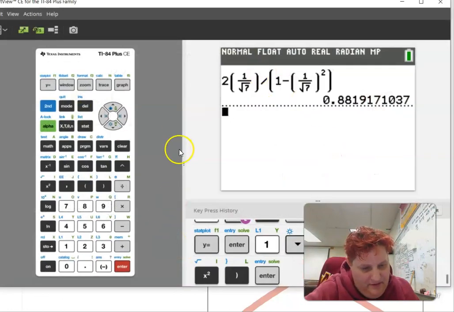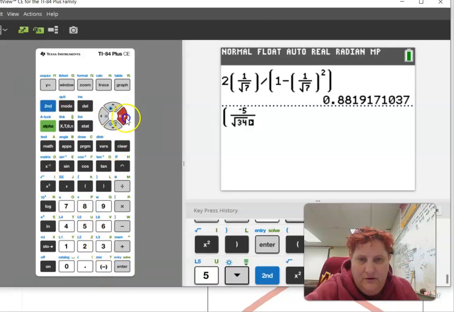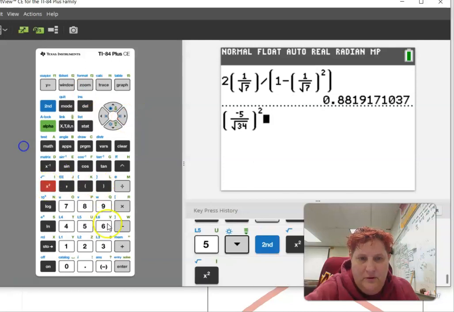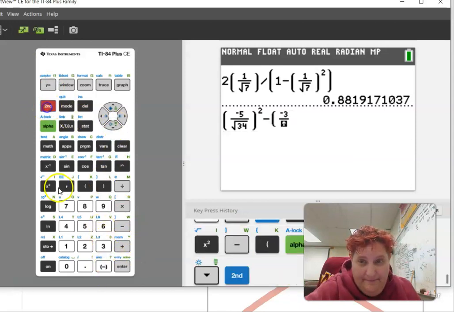All right, so check it out. I'm going to do parenthesis, fraction negative 5 over square root of 34, squared, minus parenthesis, fraction negative 3 over square root 34, squared.